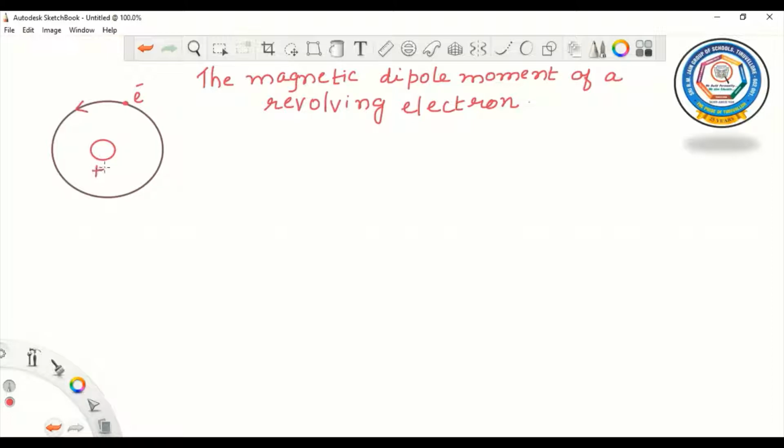Let us consider this is the electron, and this is the nucleus. Electrons revolve around the positively charged nucleus, similar to planets revolving around the sun.